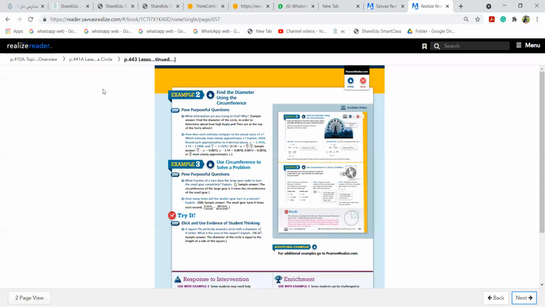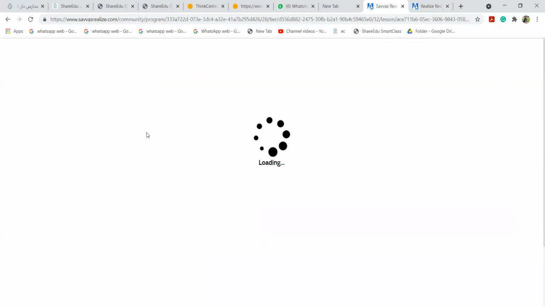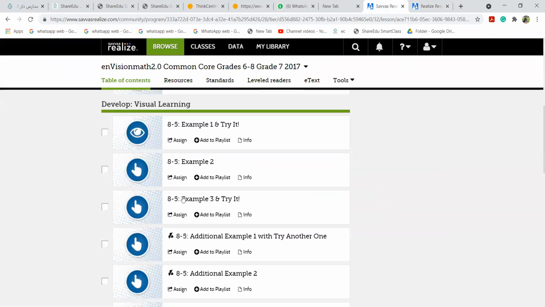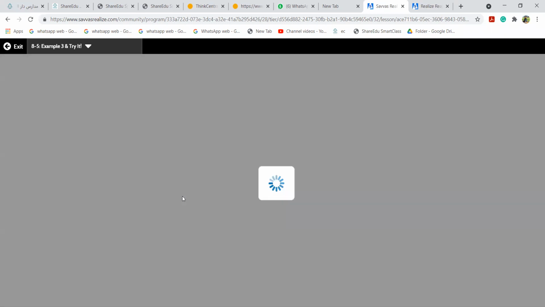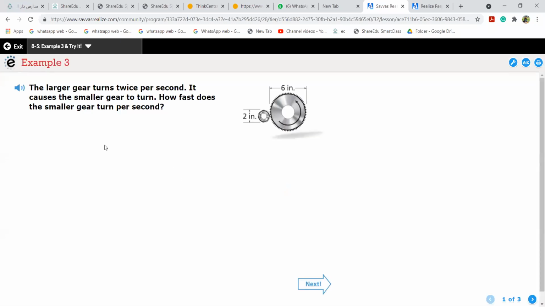Come on, example 3, we'll try to do it here. The larger gear turns twice per second.